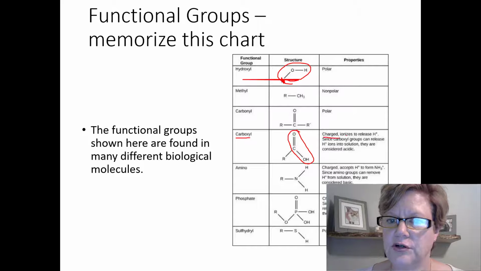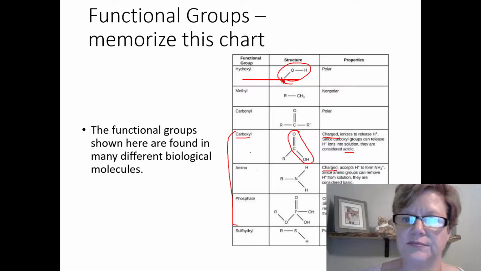All right, so the carboxyl group can be fully charged, and it acts as an acid. The phosphate group can be fully charged and acts as an acid. The amino group can be fully charged, but it acts as a base. So these 3 can be fully charged and act as an acid or base.